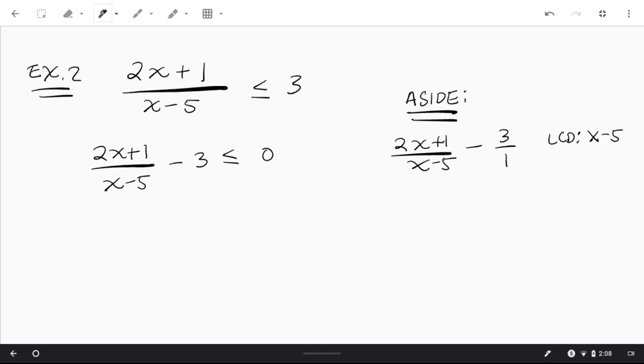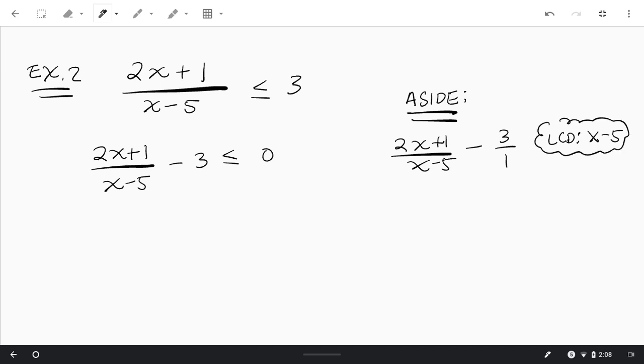So I want my denominators to look like that. The first fraction already has x minus 5 in the denominator. The second fraction does not. So I will need to multiply over here by x minus 5, top and bottom.